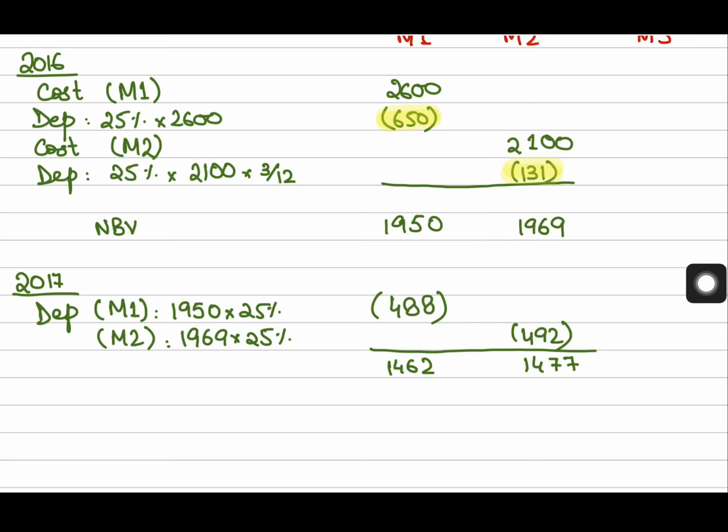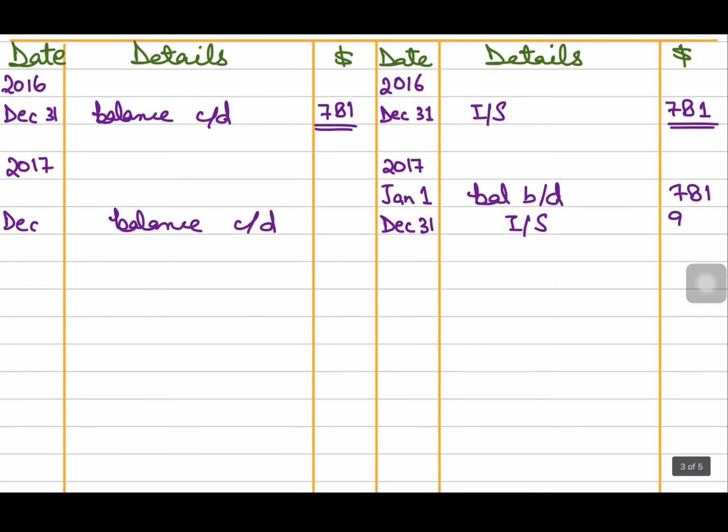Okay, so what is the depreciation charge in the current year on these two assets? 488 and 492. With these two amounts, I will debit my income statement and I will credit my provision for depreciation account, and the total of these two will be 980. Right, so 980 plus 781 will give me a balance carried down figure of 1761.